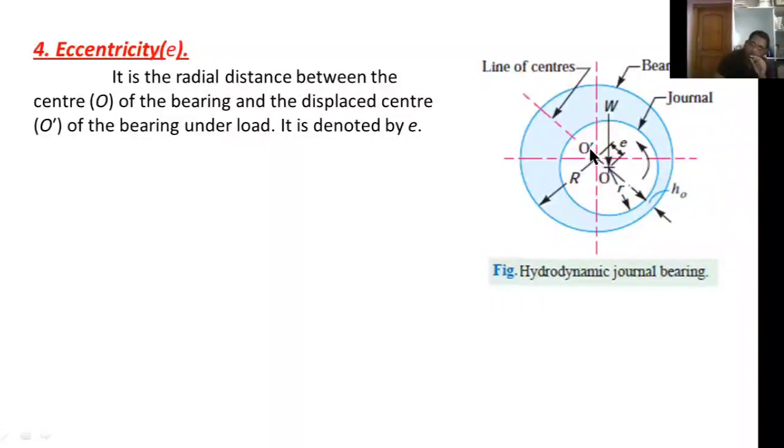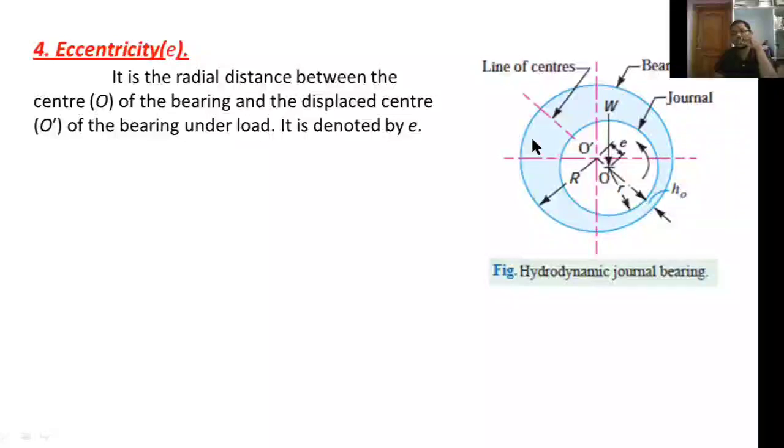Here O dash is the center of the bearing. This outer circle is the bearing, so the center point of this outer circle is O dash. This inside circle is the shaft, so the center of this inside circle is O. O is the center of the shaft, and O dash is the center of the bearing.